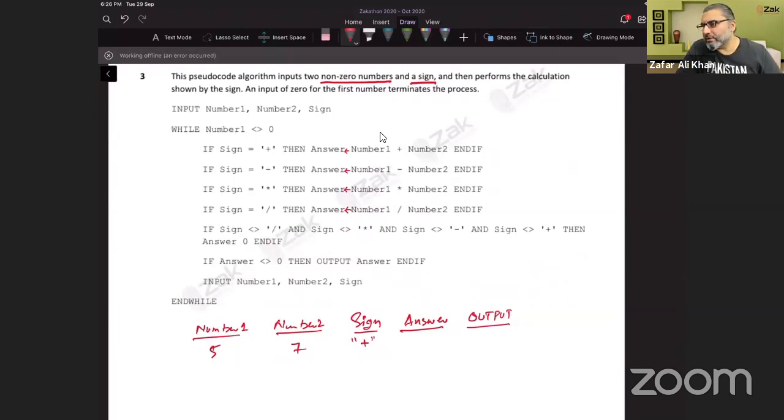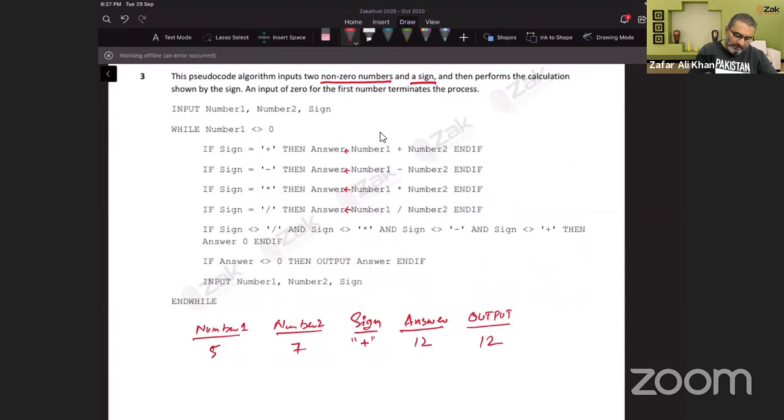Since sign is not a number, we have to put it in double or single quotations. If sign is equal to plus, then answer is equal to number 1 plus number 2. If sign is not, this would not apply. If answer is not equal to 0, then output is 12.